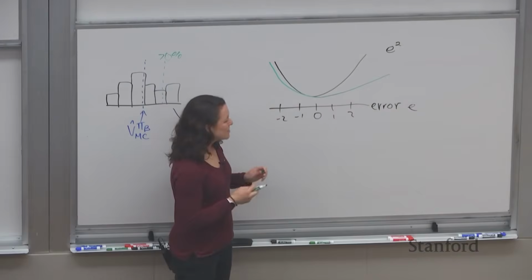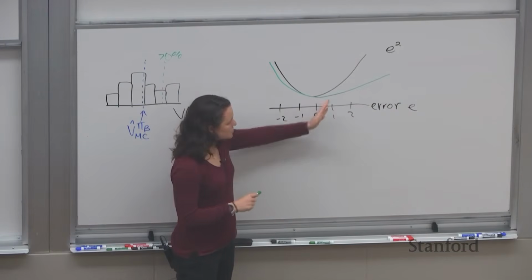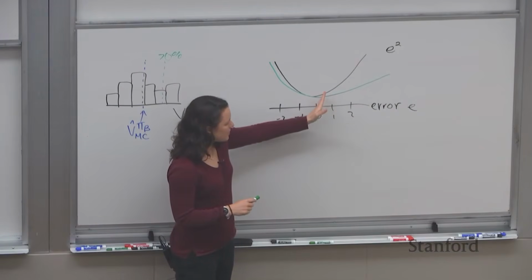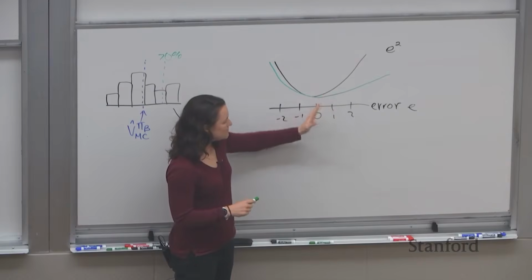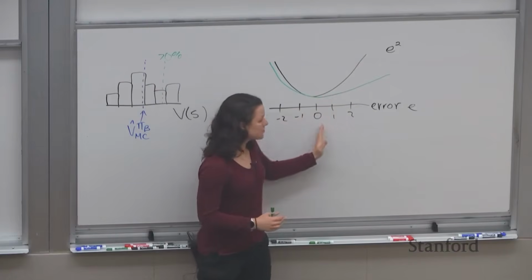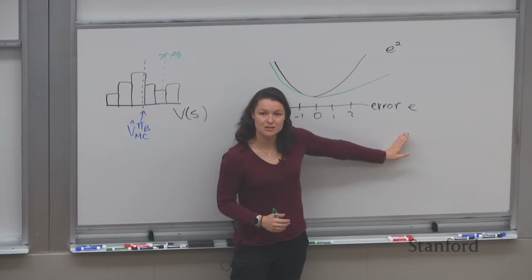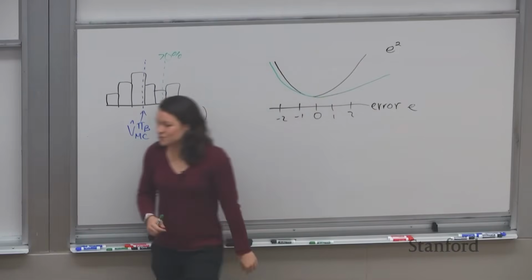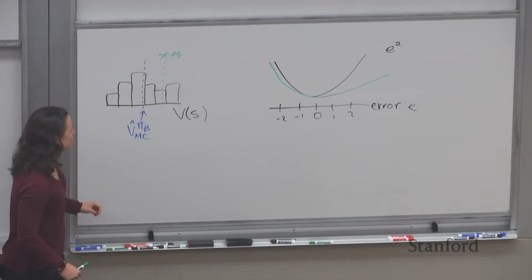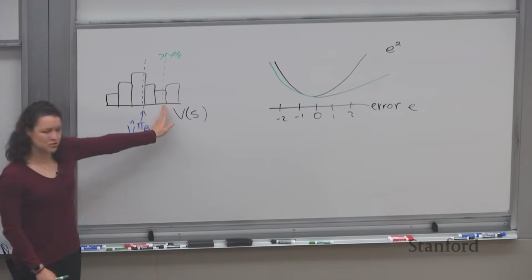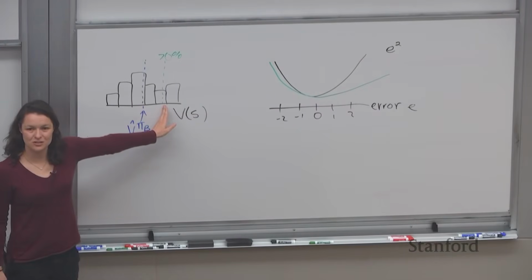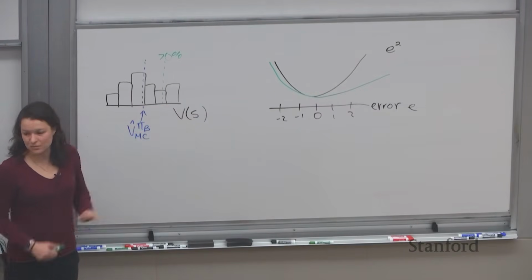You could actually show that loss functions like this will basically penalize you less for making errors in a particular direction. And this will give you a value function that looks more like this, that's actually better than your behavior policy.